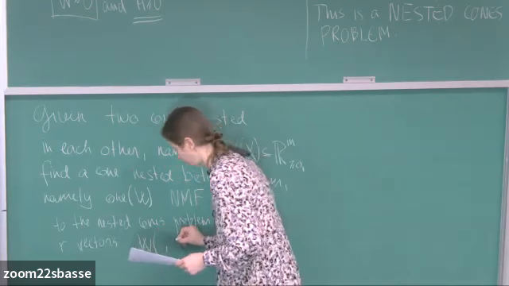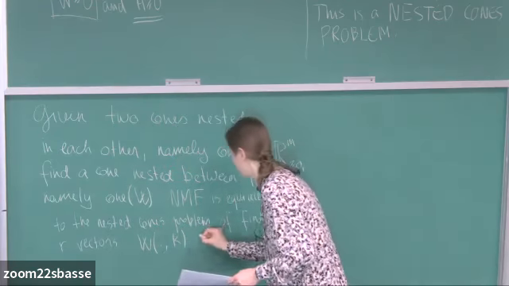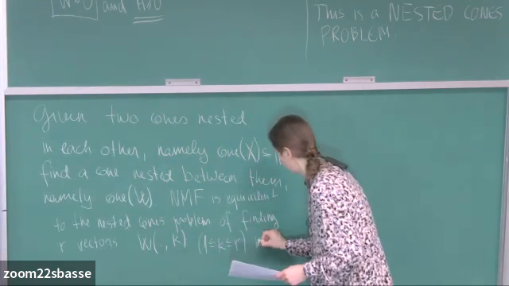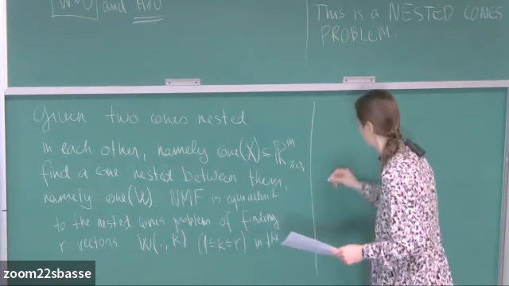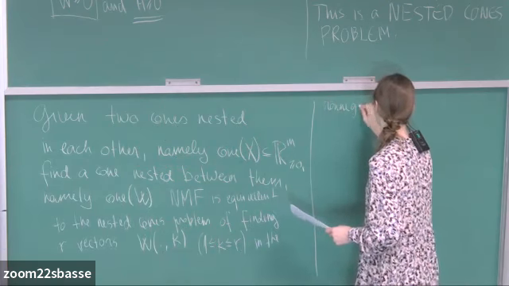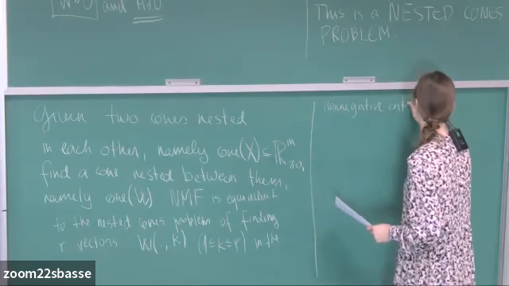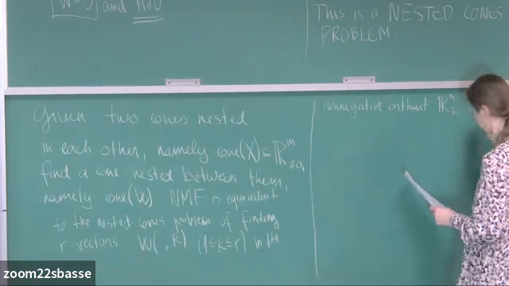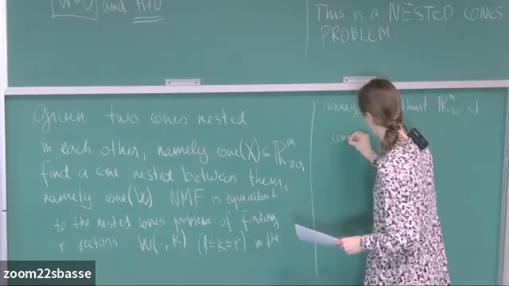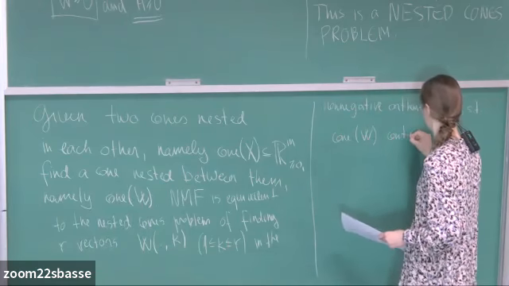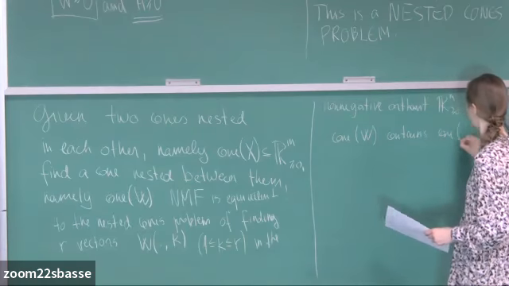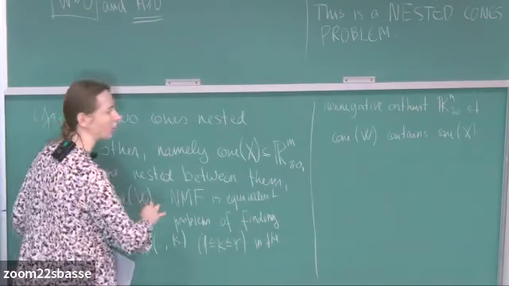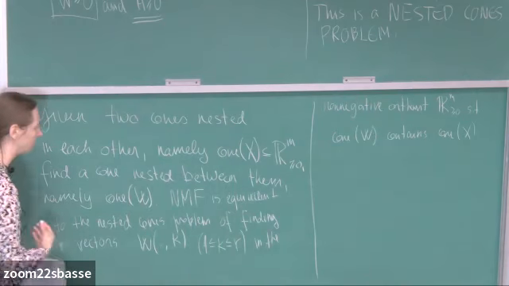It will give us the columns of W, in the non-negative orthant, such that cone of W contains cone of X. So basically, I'm saying the same thing that I said here, but writing it even more in detail.